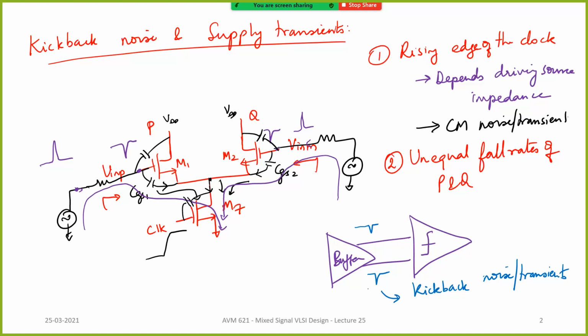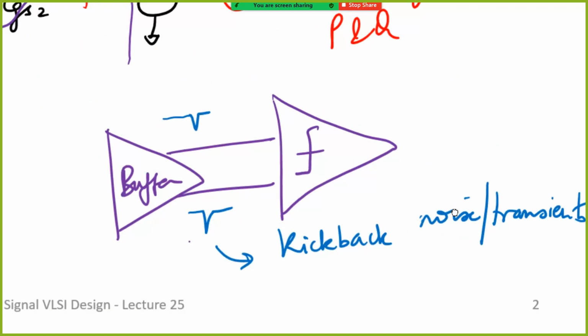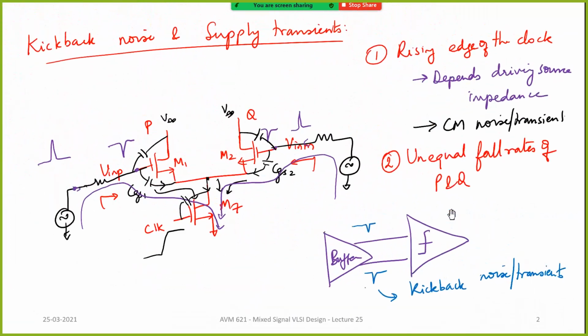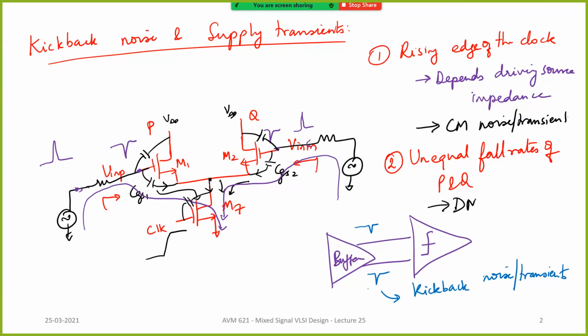That will also get coupled through the CGD, and that will also form glitches at the input. Because of the unequal rates, one side will have a bigger glitch than the other side. So this contributes to what is called differential mode noise.